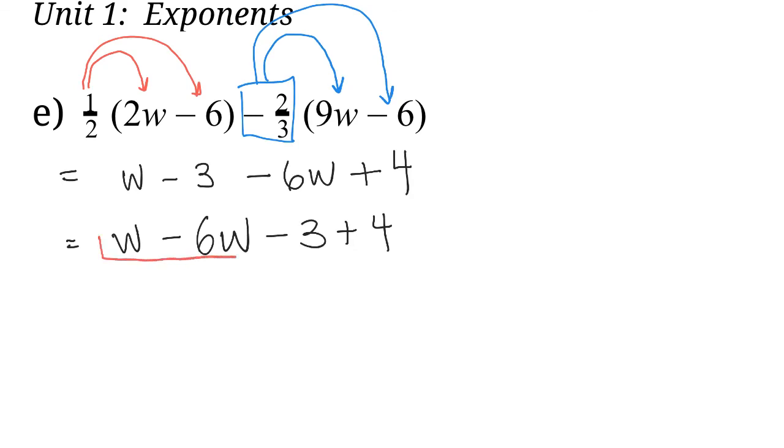So we've got 1W, take away 6W, and that's going to give us -5W. And then we have -3 plus 4. -3 plus 4 is a +1. So our final answer is -5W plus 1.